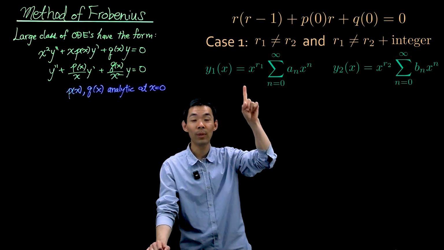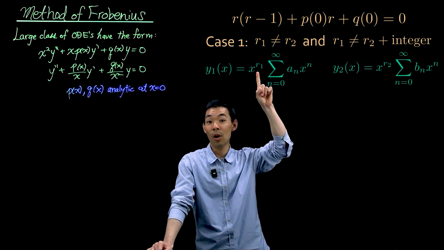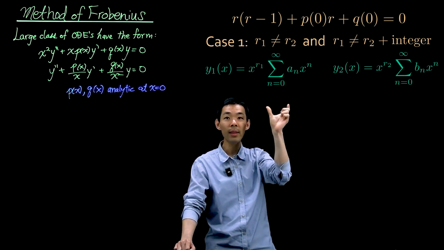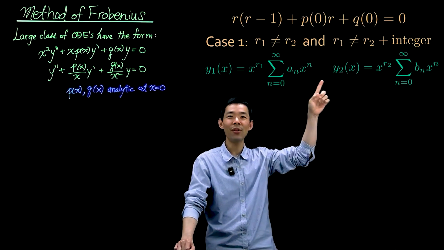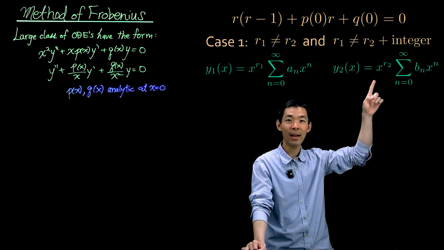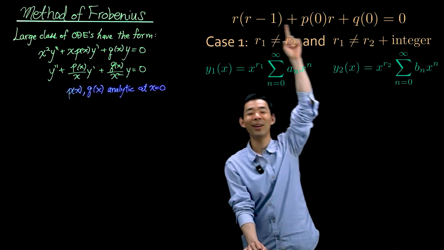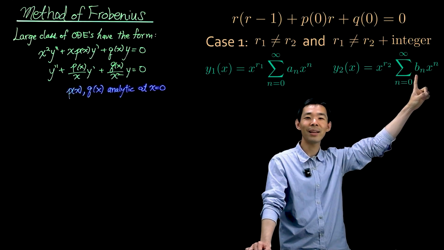Then in that case, the solution is very straightforward. You just take the Frobenius form that I had written down earlier, and you just plug in x to the R1, which is one of your roots to this quadratic equation. And everything over here is just the same as your normal power series. And your other independent solution is just x to the other root, R2, which is the other solution to this quadratic equation. And then everything else over here with a different weighting b sub n.